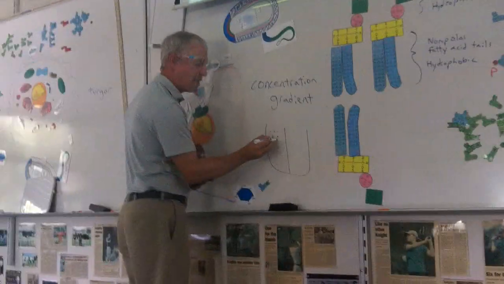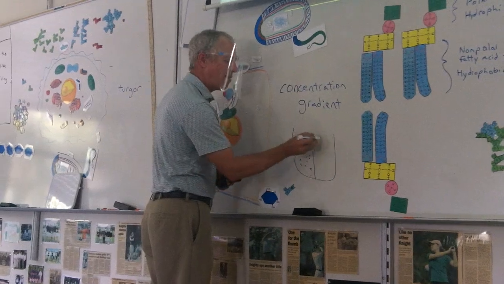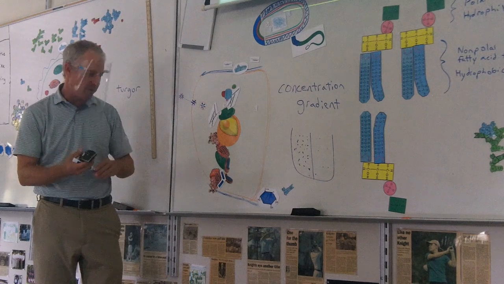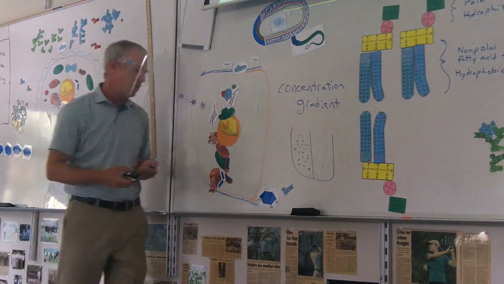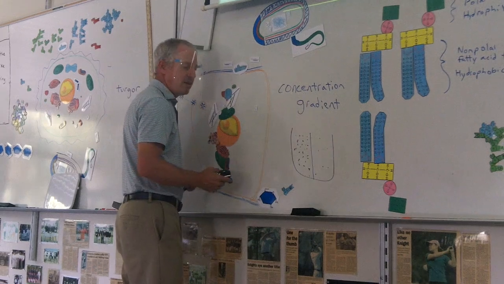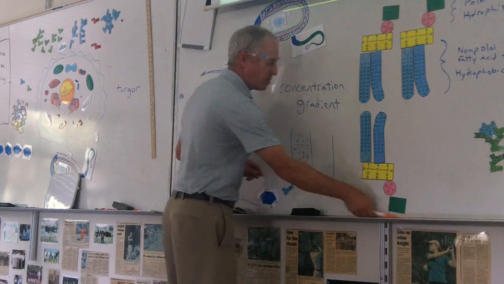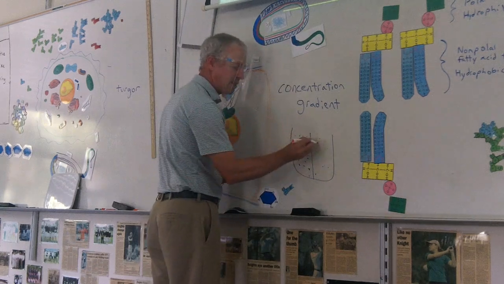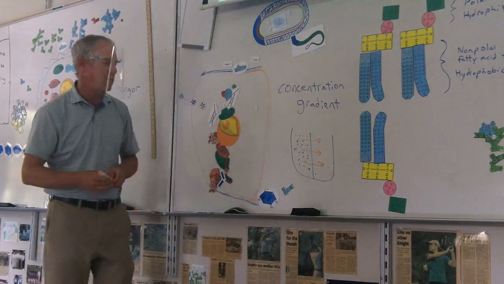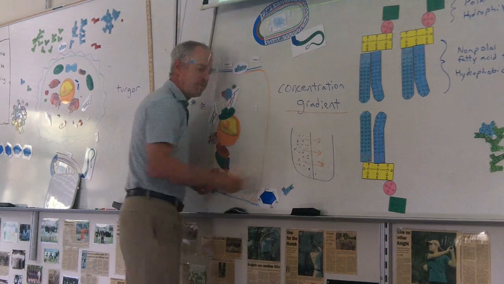So if I had a bunch of things on this side, and not very many on this side, which way would the concentration gradient for those particles be going? Left to right. And it's usually shown with arrows like this. That's the concentration gradient, the way the arrows are going.